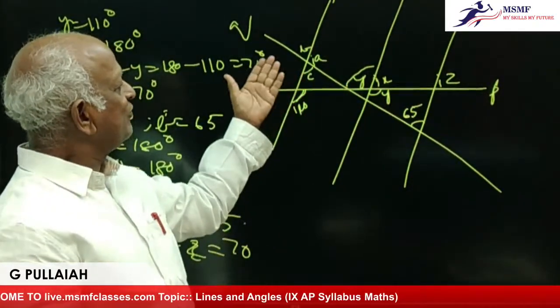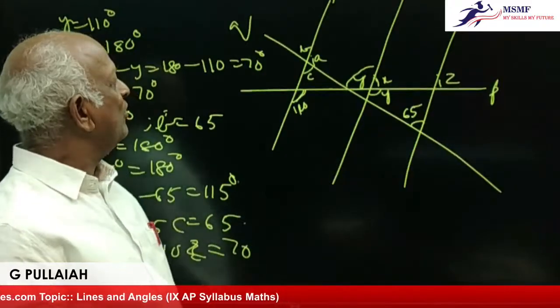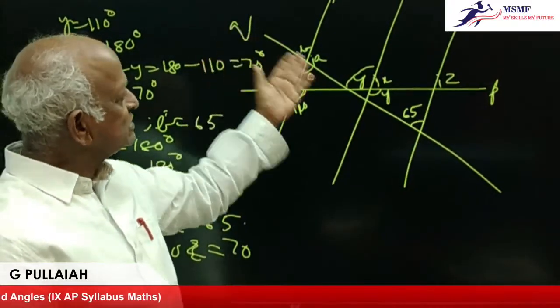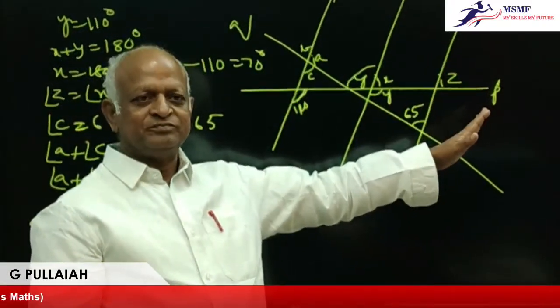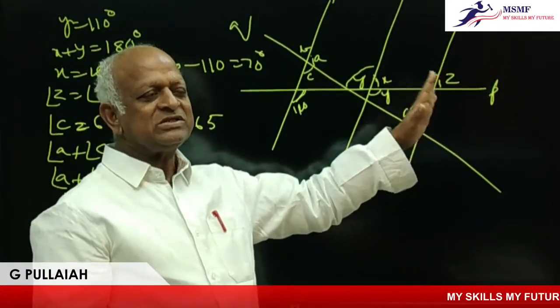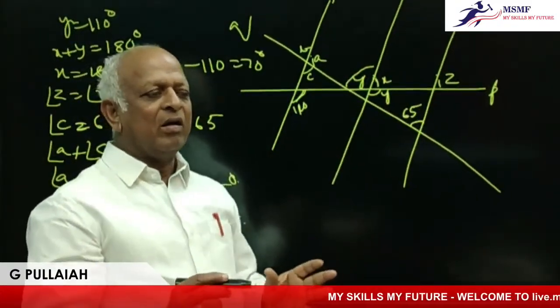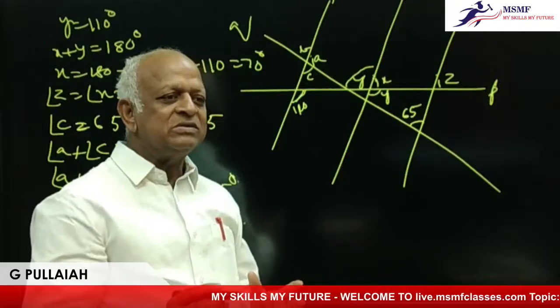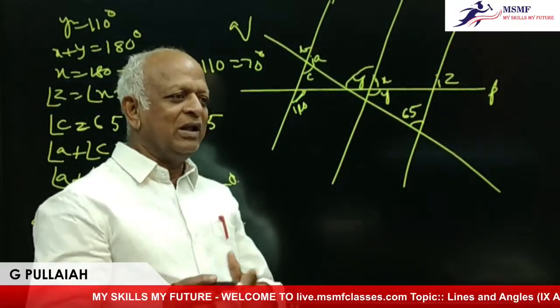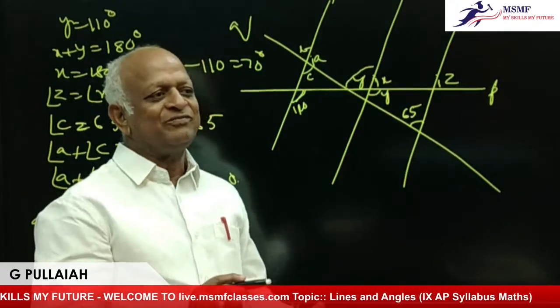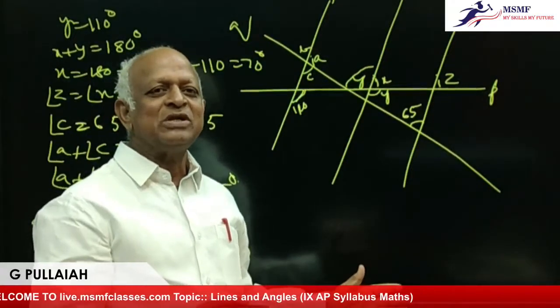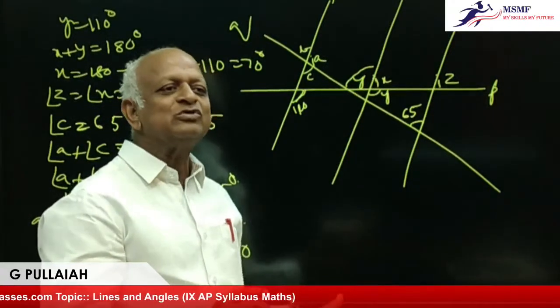Again, to find the values of A, B, C, we have taken the transversal Q, forgetting P. So whichever is not necessary for us, let us for some time forget about it. Keep it totally aside from your vision. Then we will be in a position to arrive at the solutions very easily.